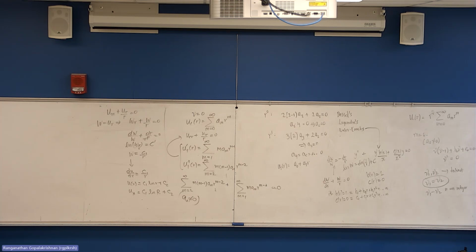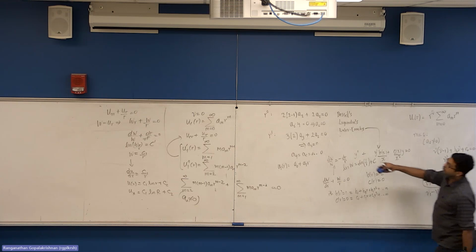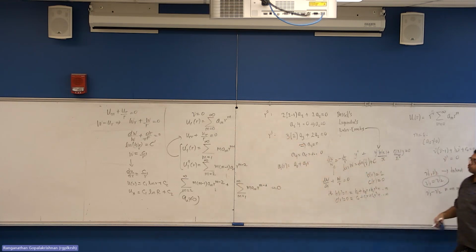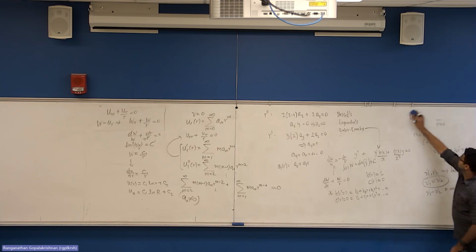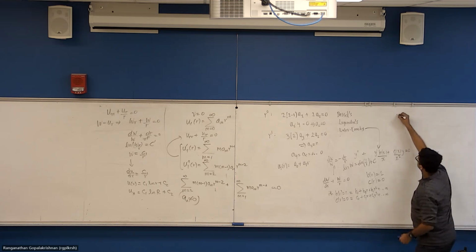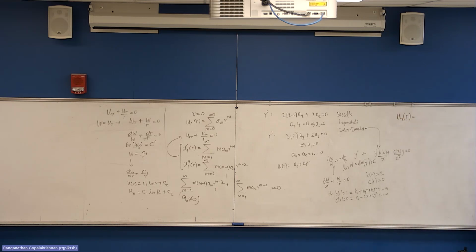What about the other solution? We took nu equal to 0, so we can't use nu again. We need to look up the other solution u_2 of r. Can you look it up?